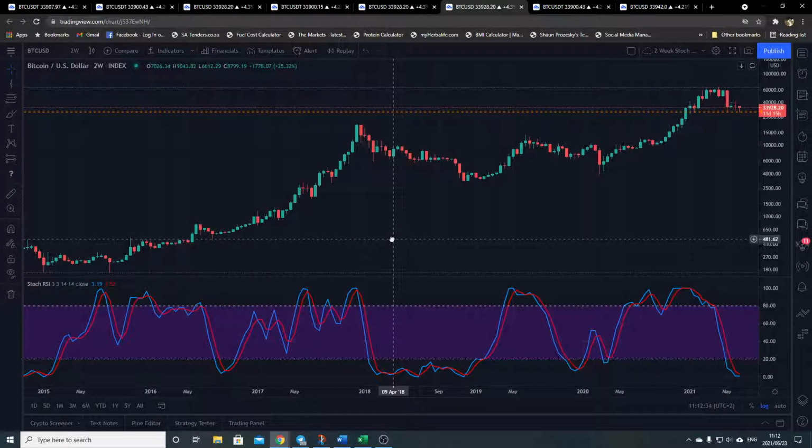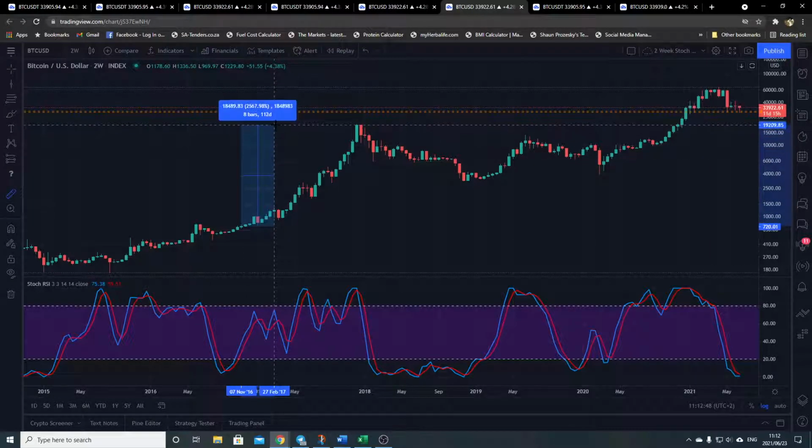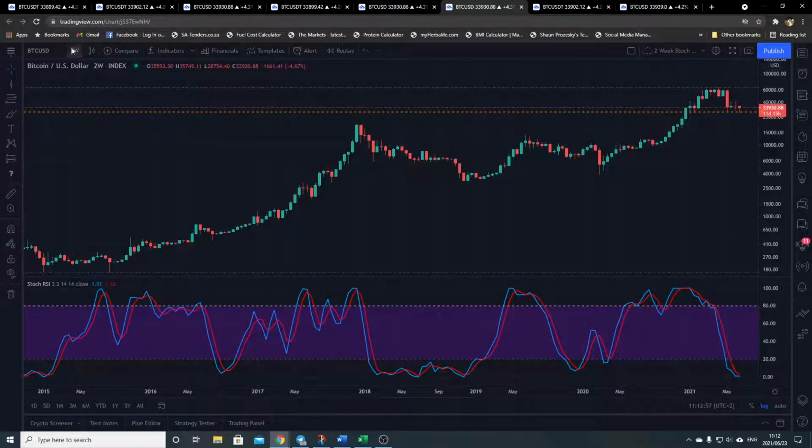The reason why I'm showing this chart is because here we got a cross. We got above the 20 and the 25, and then price went up. In this section here, price went up. That was a nice pump. Whoa, look at that, guys. Call it a 2,600% pump on the 2-week chart, Bitcoin US dollar index.